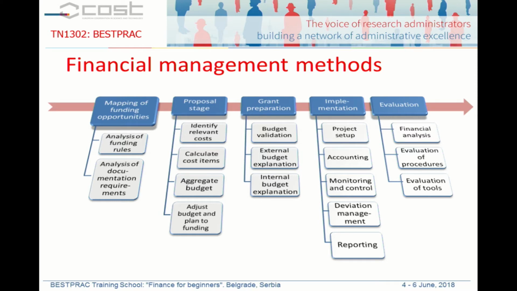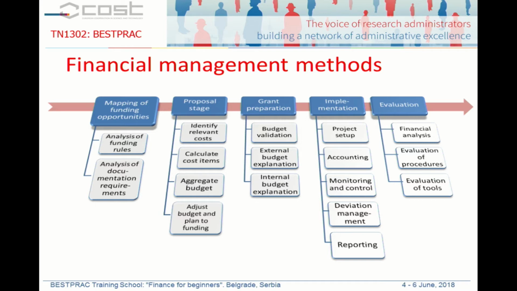Okay. Next stage, grant preparation stage. The proposal has been submitted, and the European Commission and the evaluators have said, yes, this is a good proposal, we'd like to fund it. Then there are things you have to do when you get that invitation before you actually have a signed grant agreement. We'll get into details about that later on.